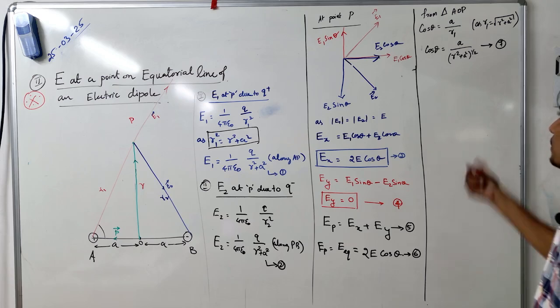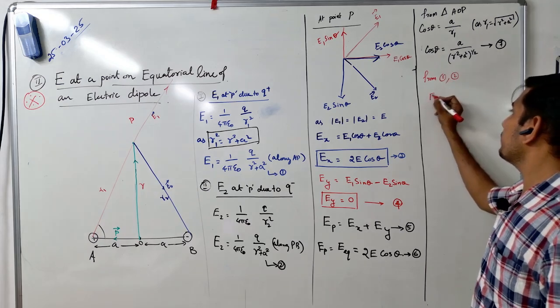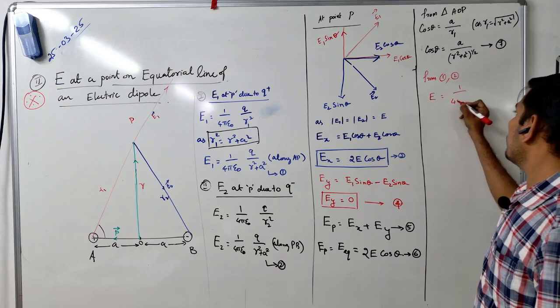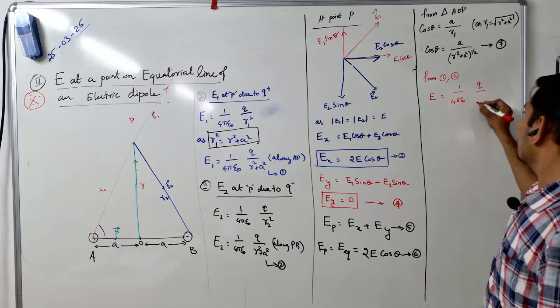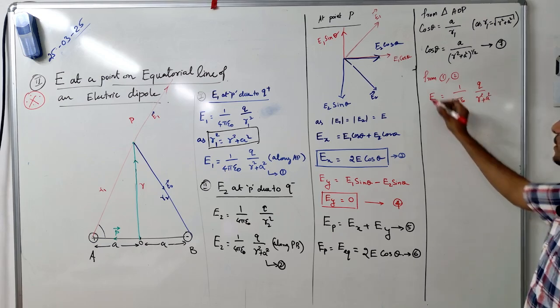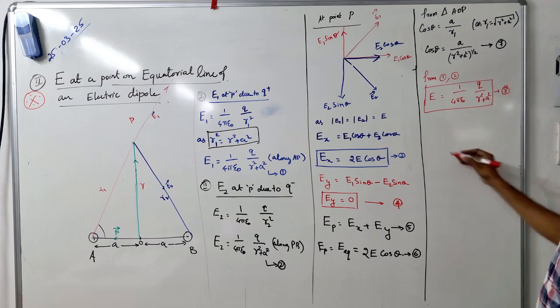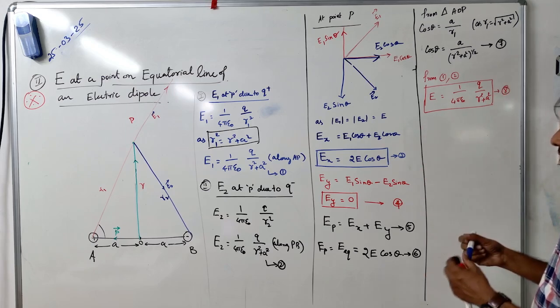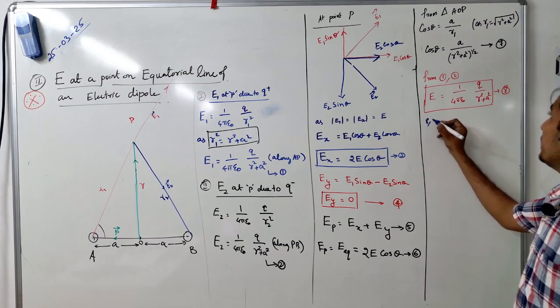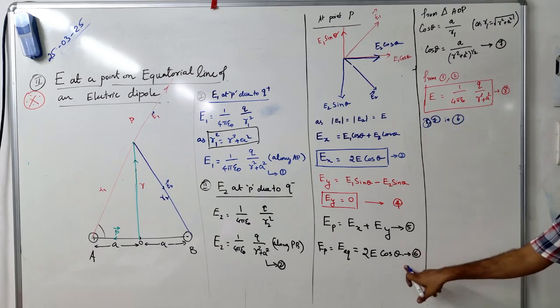From equations 1 and 2, we can identify that E is equal to 1 by 4 pi epsilon naught Q by (R squared plus A squared). Now I can substitute equations 8 and 7 in equation number 6. When you substitute, what do we get?